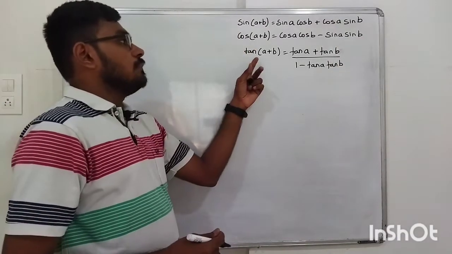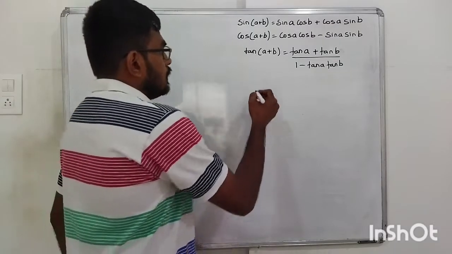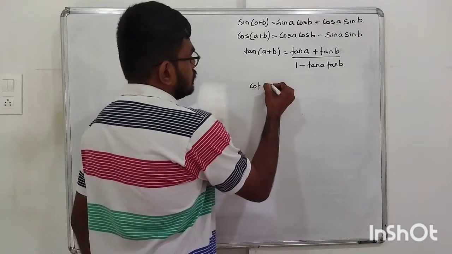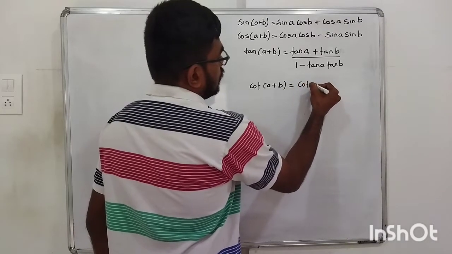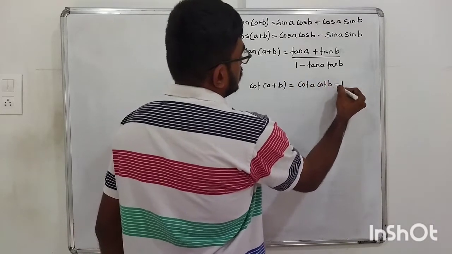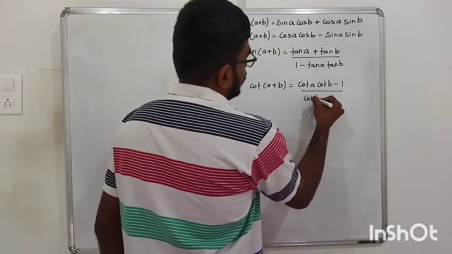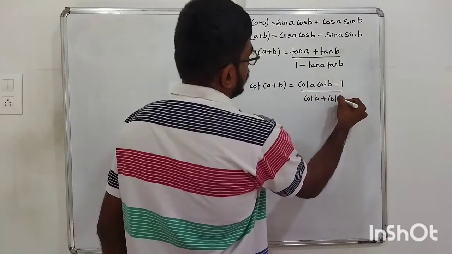Otherwise we can't use this formula. Similarly, cot of a plus b is cot a cot b minus 1 upon cot b plus cot a.